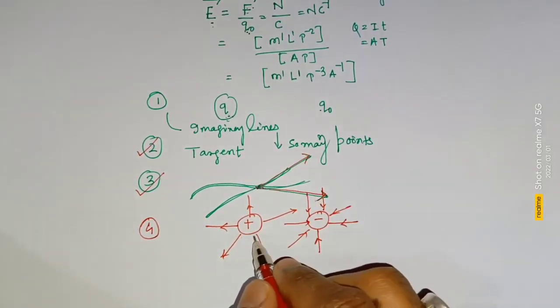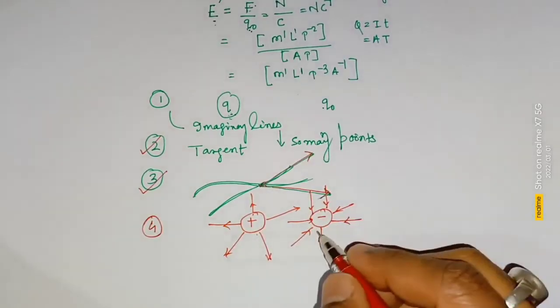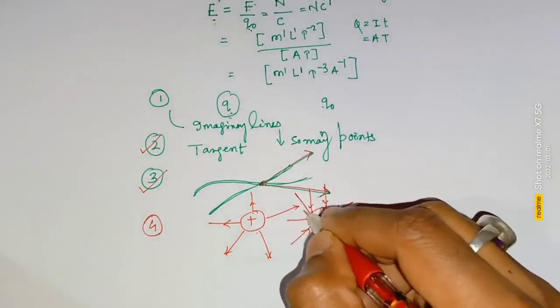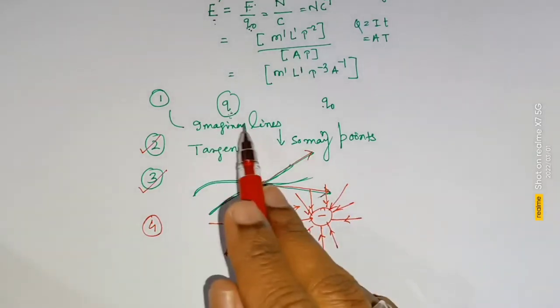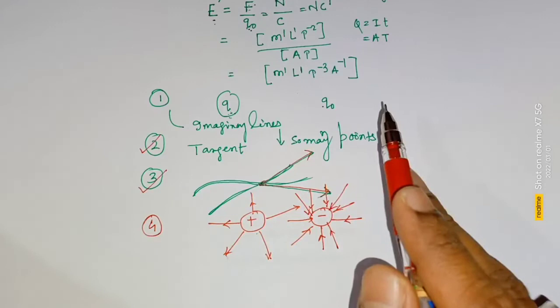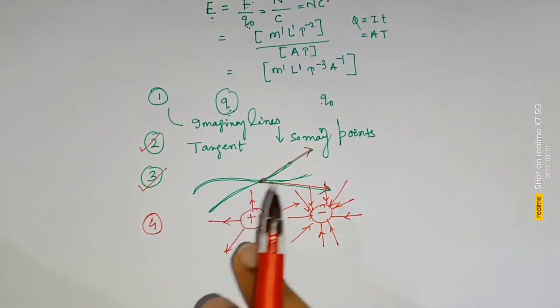For positive charge, the field lines are radially outward. For negative charge, the field lines are radially inward. This is the scenario that you have to keep in your mind. And electric field lines are the imaginary lines to describe the electric field. This is a very important point.